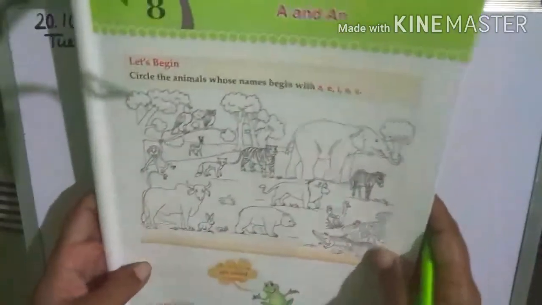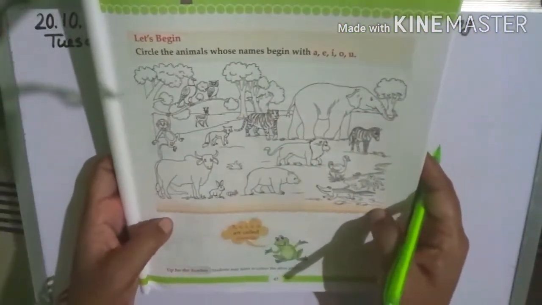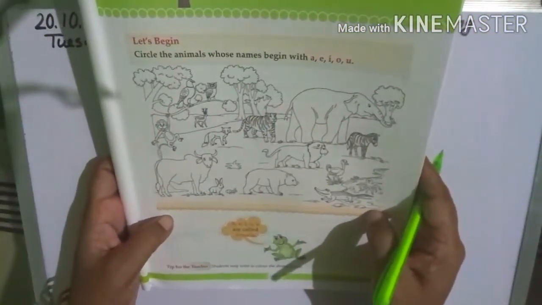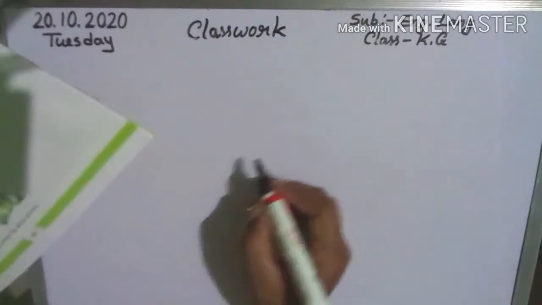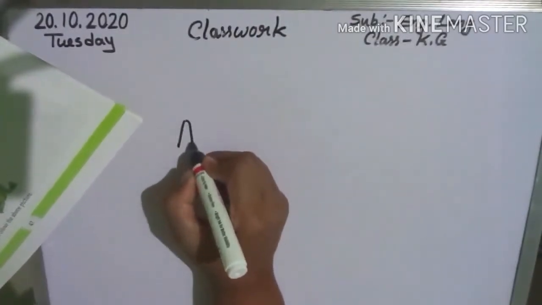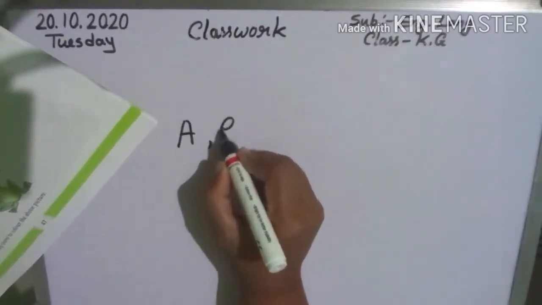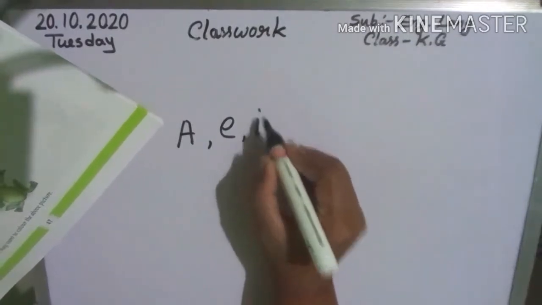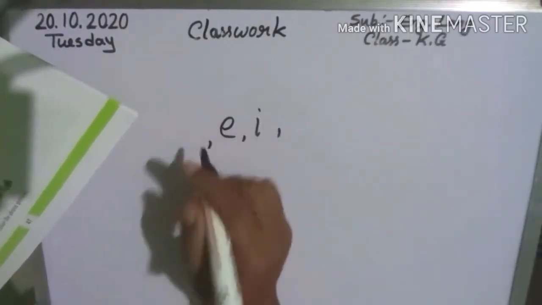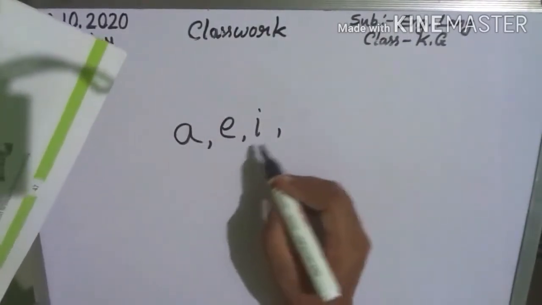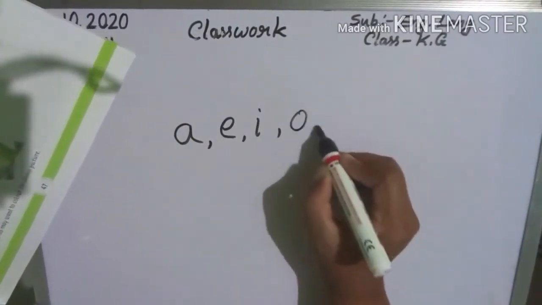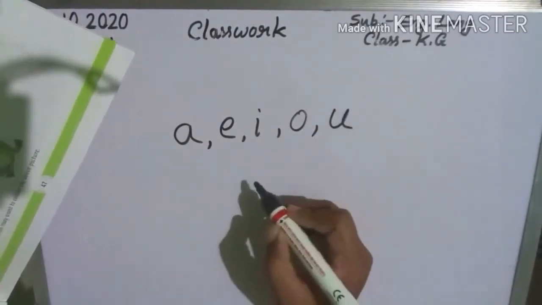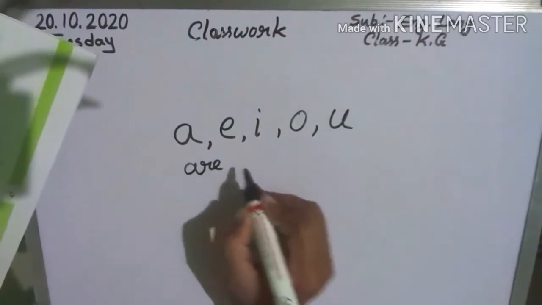Okay, children? Next, A, E, I, O, U are called what? Vowels. It's very important. Remember, A, E, I, O, U are called what?